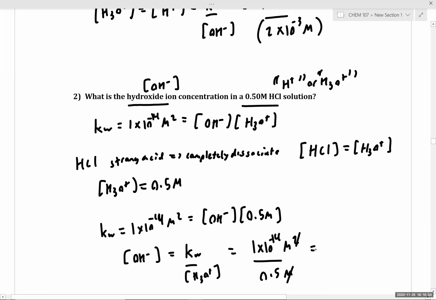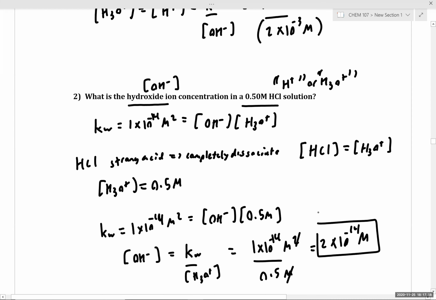And that in turn gives us, if we punch it into our calculator, 2 times 10 to the negative 14th molar.